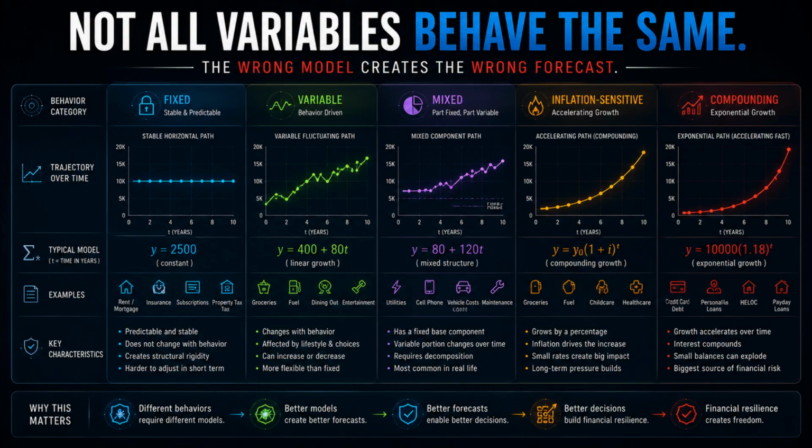Utilities do not behave like Netflix subscriptions. Investment portfolios do not behave like credit card balances. Each variable follows its own behavioral pathway, its own trajectory, its own mathematical structure. And once we recognize this, forecasting becomes far more realistic.